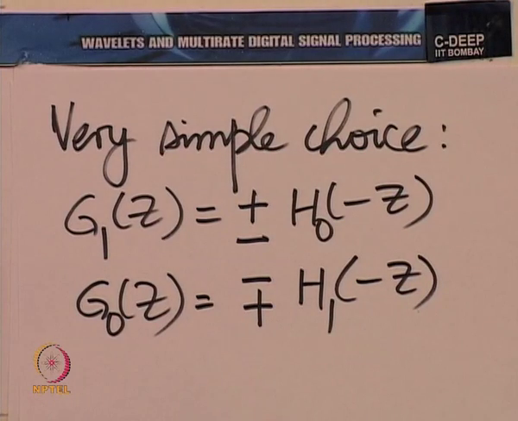This is a very simple choice of synthesis filters from the analysis filters, which can give us alias cancellation. Now, in fact, we can even spend a minute interpreting what we have just said here in this very simple choice. I must of course emphasize, this is a simple choice, but definitely not the only choice.